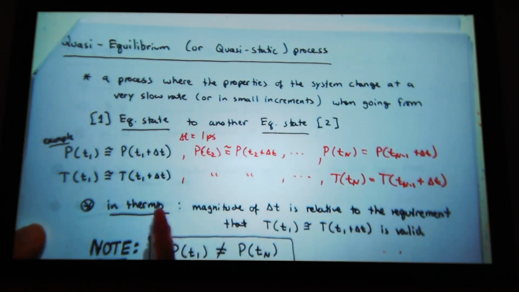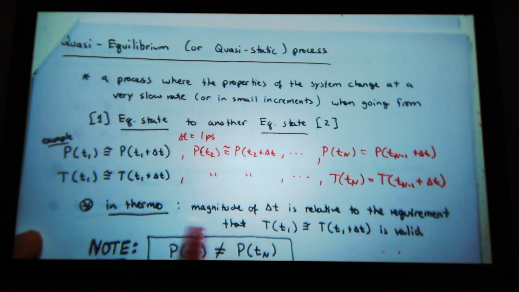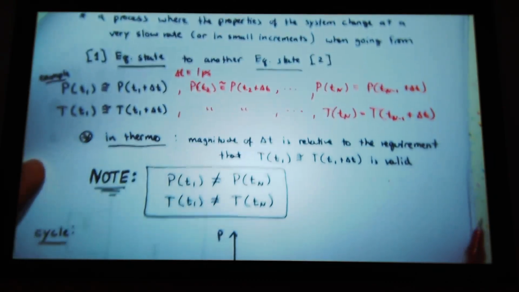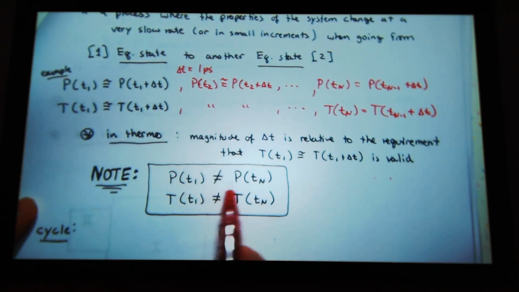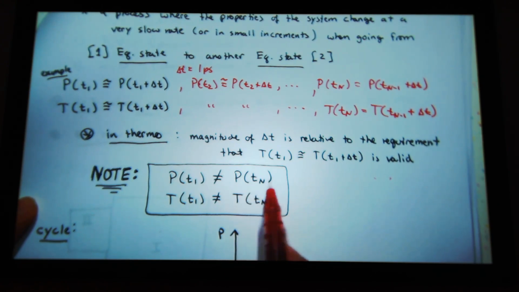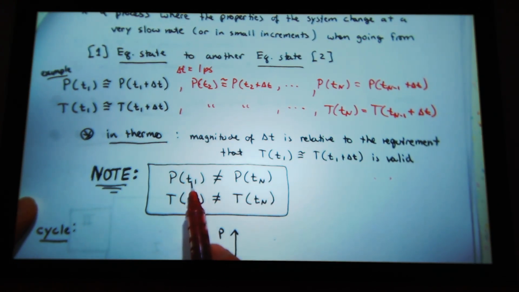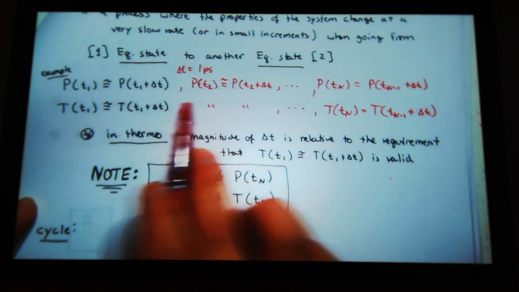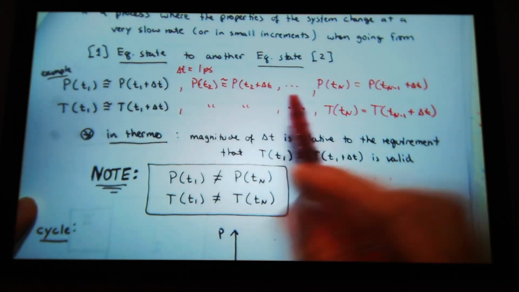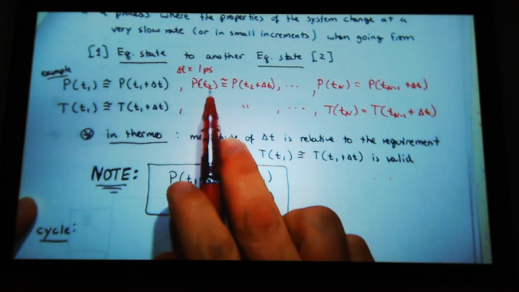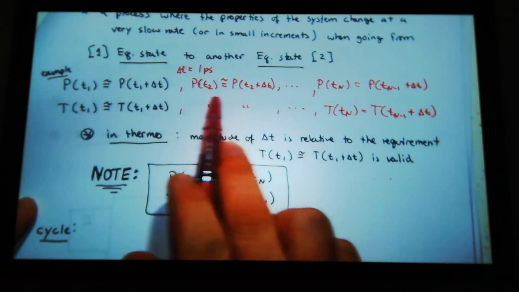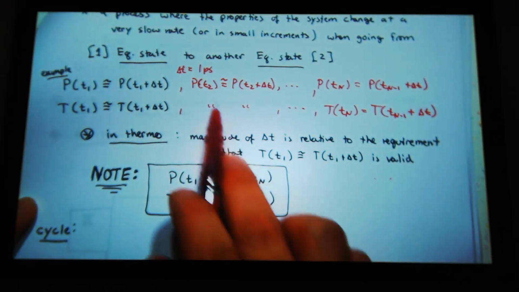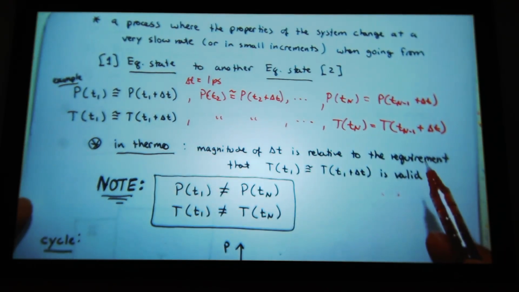When this all gets said and done, the pressure at T1 does not equal the pressure at Tn. Tn would be my final state, T1 would represent my initial state. But if I look at each individual process, I could say that over a small snapshot in time, 1 picosecond, it looked like it was at equilibrium.